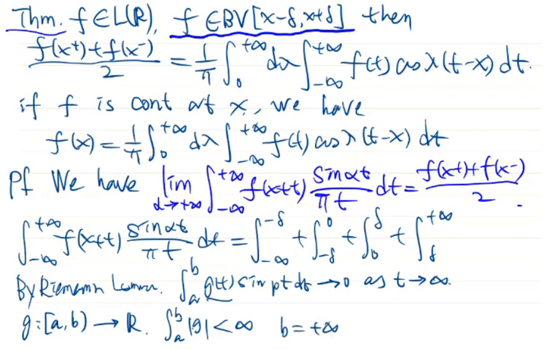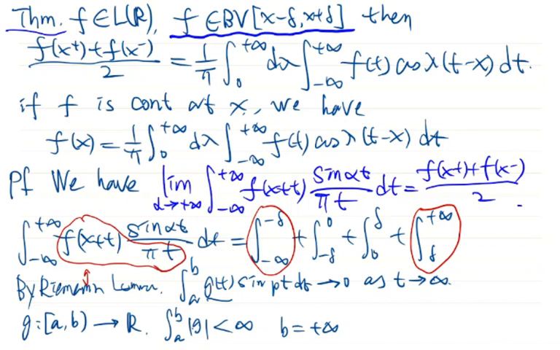So applying this result to the first and the last integral of our decomposition, because this is our g(t), we can apply the integral lemma, because in the first integral and the last integral, 0 is bounded away.